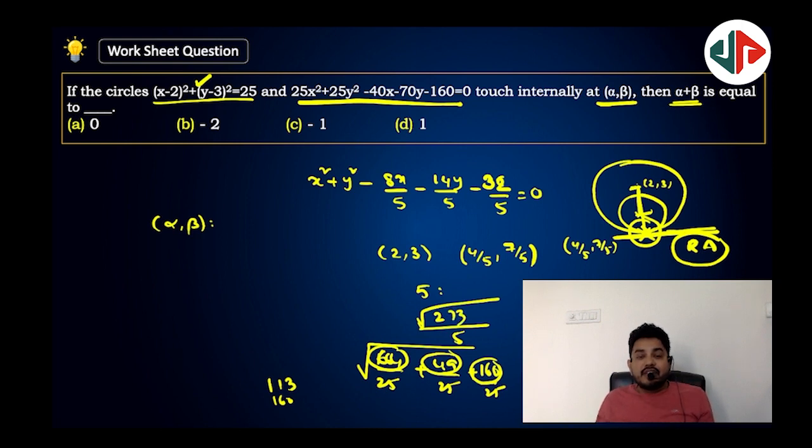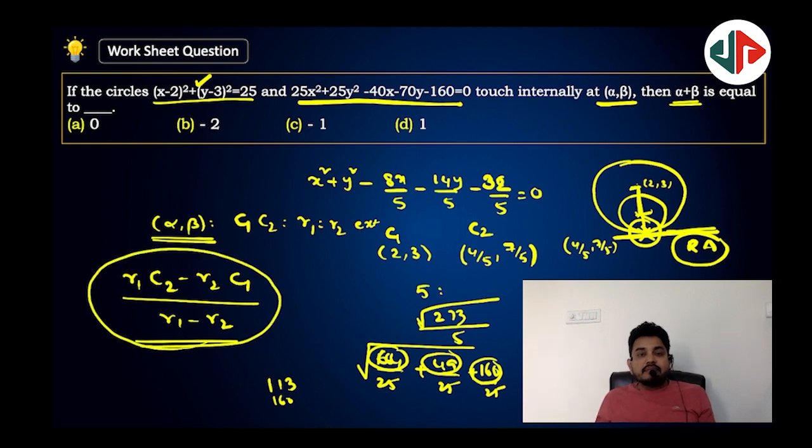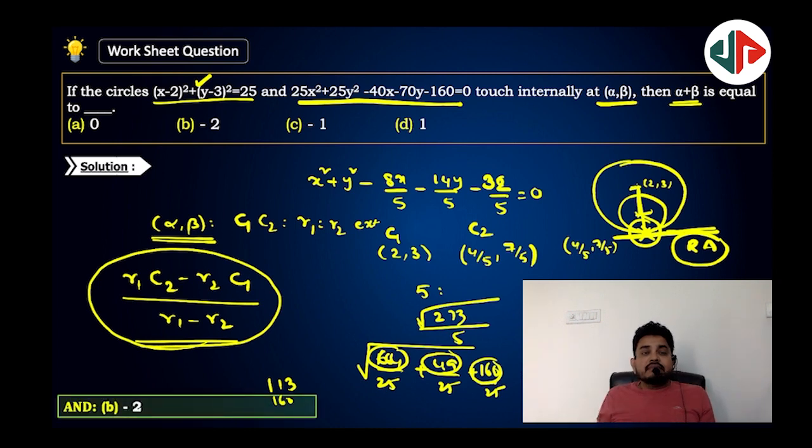In that particular ratio, we need to talk. Simple: alpha comma beta divides C1 C2 in the ratio of R1 is to R2 externally. So R1 into C2 minus R2 into C1 by R1 minus R2 is the answer. But calculation wise it is coming very lengthy.